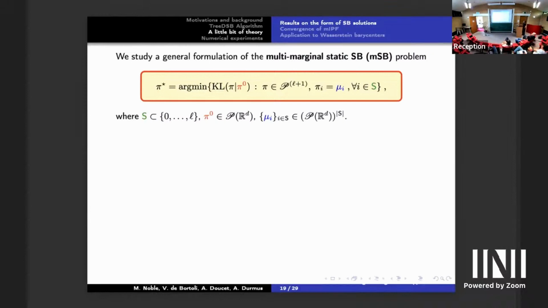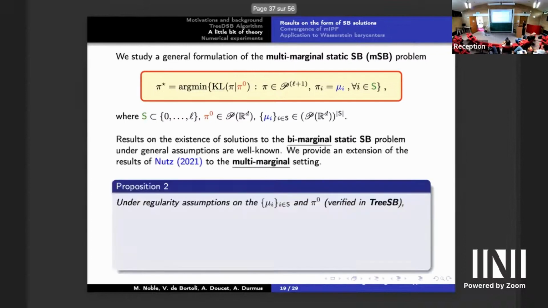I have constraints, and I have my pi naught. What can I say about the minimizer of this Schrödinger bridge problem? The results in the two-marginal Schrödinger bridge problem are really well known, but it's not always obvious if you take a subset of the nodes with some assumptions on the mu. What is the link between the pi 0 and the mu?